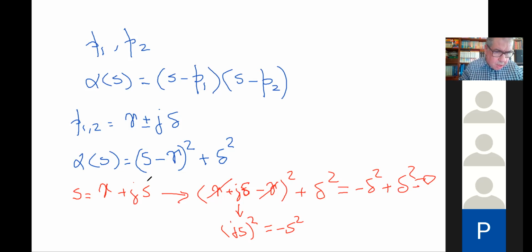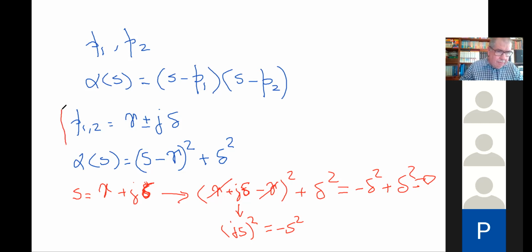So s equals gamma plus or minus j delta makes it zero. This is a useful trick.